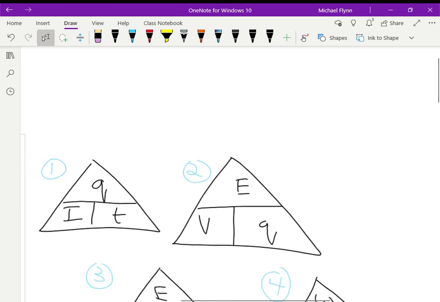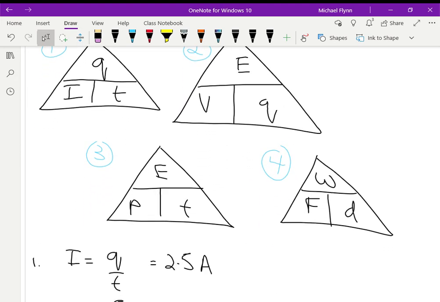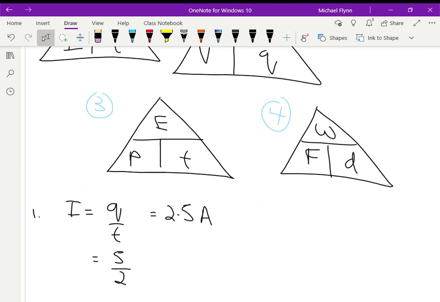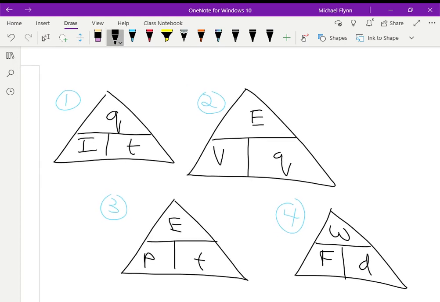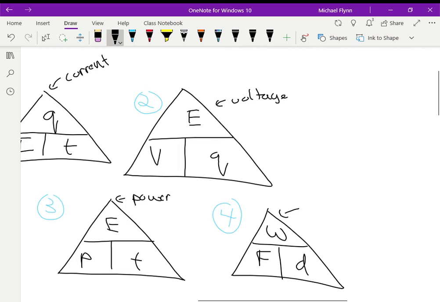And what I did in the margin here is just a summary of everything we've done so far. So take a look. I've got 4 triangles here. The first one is for current, like the density triangle, remember that? This one is for voltage, this one is for power, and this one is for work.